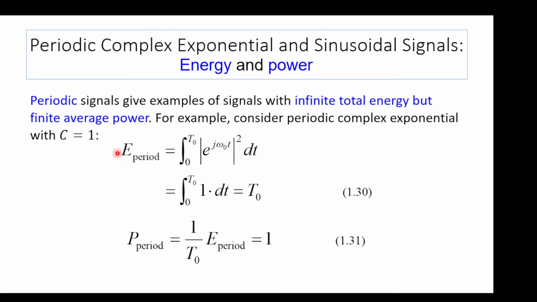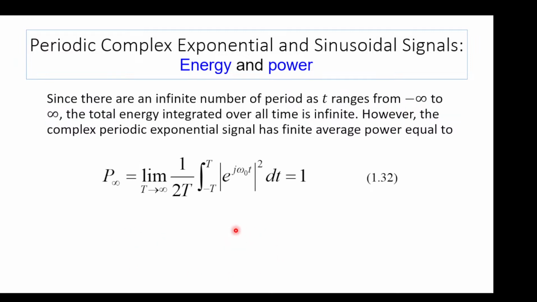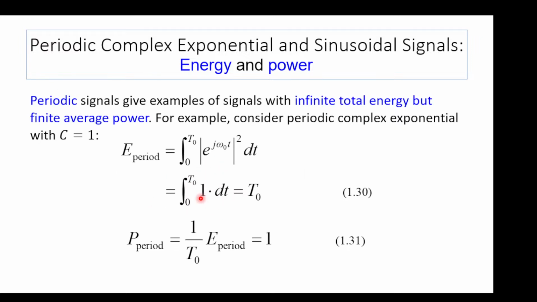So the energy you spend is whatever time you have, and the average power is always 1. But if you take the period to infinity, then the energy will be infinite. That's the energy and power for the periodic complex exponential.